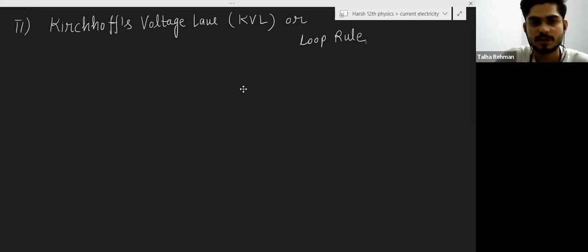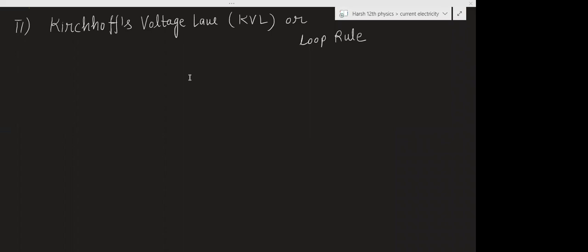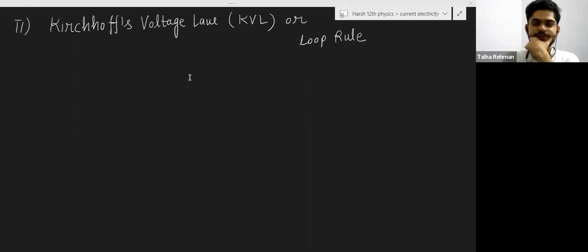So what is this Kirchhoff's voltage law? This law comes from the conservation of energy. In the circuit we have cells and resistances.